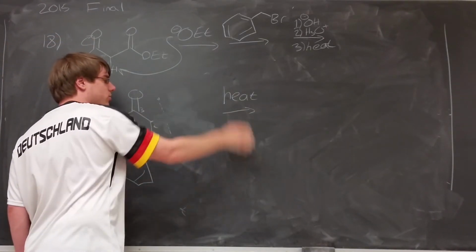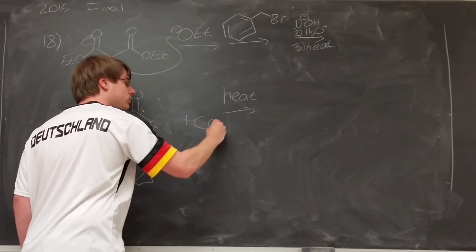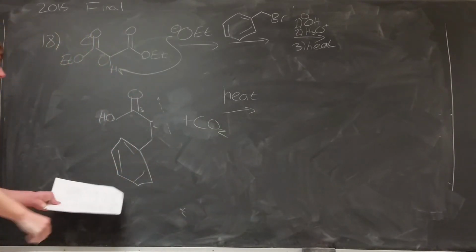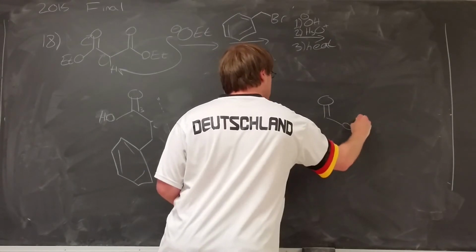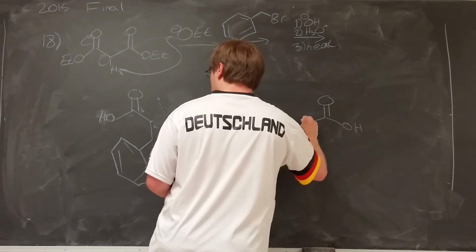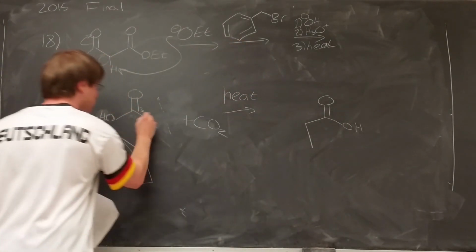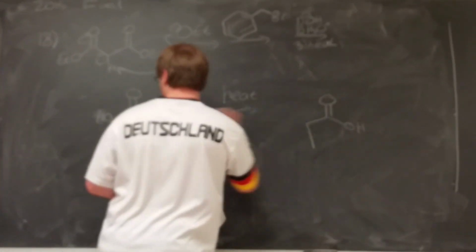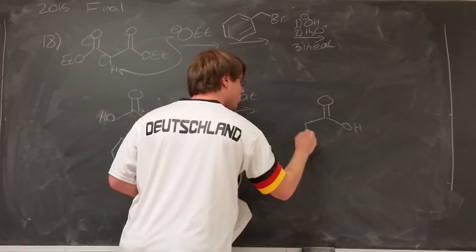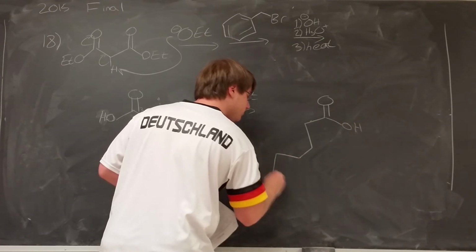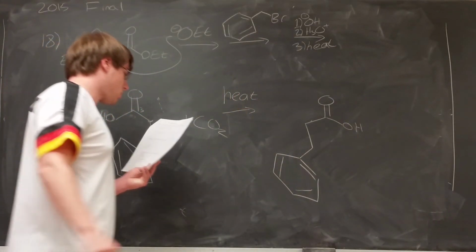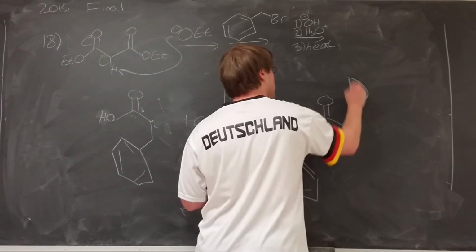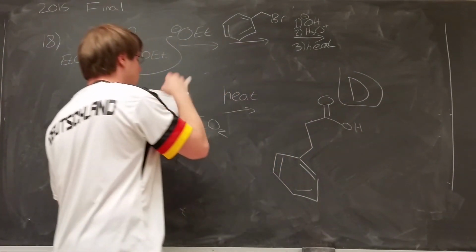The carboxylic acid comes off as CO2, and that leaves you with a final product of this, which looks like a carboxylic acid, 2 carbons, right? 1, 2, 3, 1, 2, 3, 1, 2, 3, and then the benzene. So this was your final answer, and that was structure D, or choice D on the answer key.